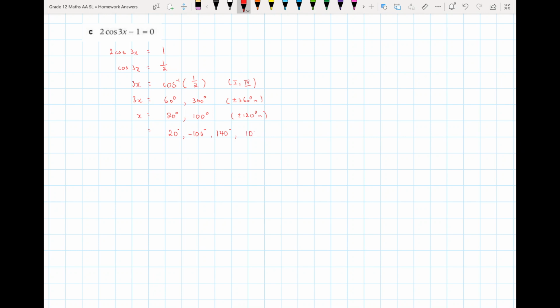And then let's start with the 100 degree angle. Go back one cycle, we have negative 20. Go back another, and we stop. The next one will be negative 260, too small. And then if I go from 100 degrees and up by 120, that's too big. So we can stop here. Again, we will have 6 solutions.